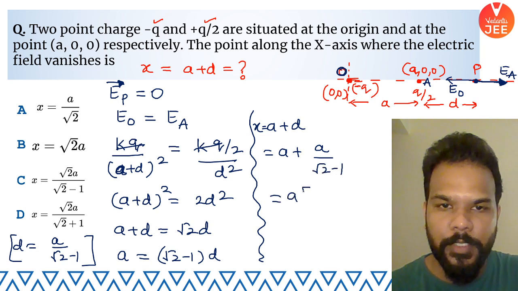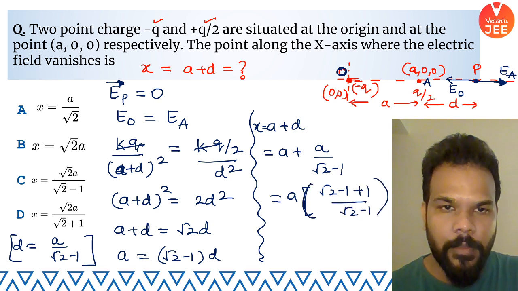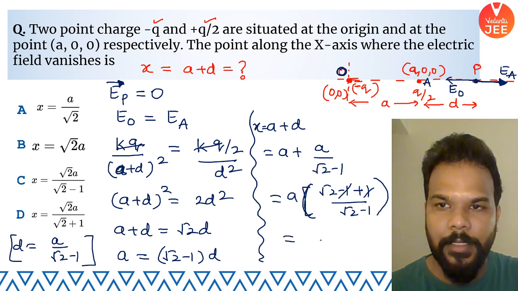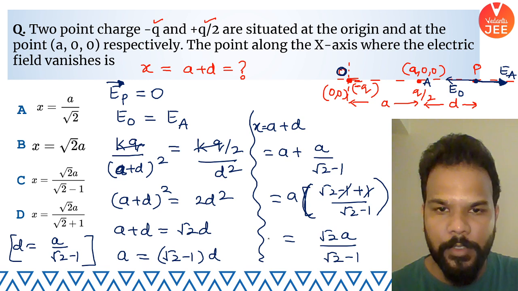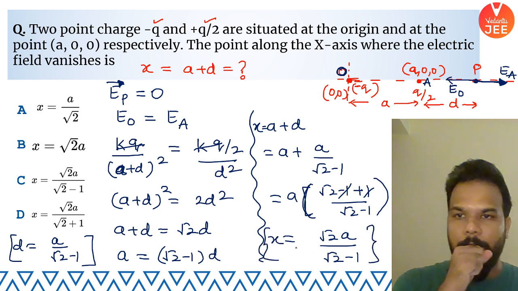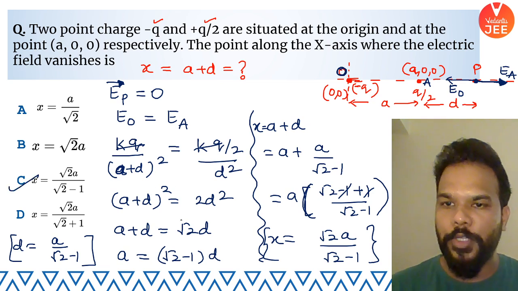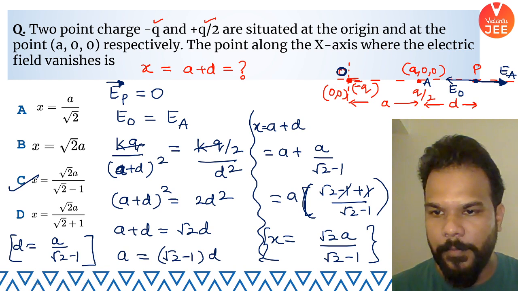Let me take a outside. So I have (root 2 minus 1 plus 1) divided by (root 2 minus 1). So minus 1 plus 1 gets cancelled. We have root 2 a divided by (root 2 minus 1) as the location of point P where the electric field will become 0, and that is option C as the correct answer.